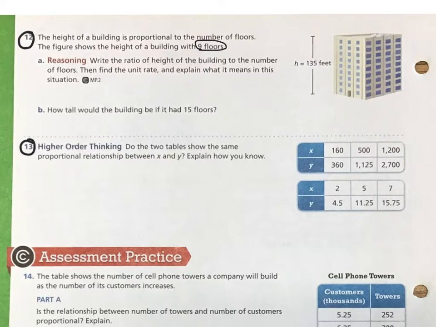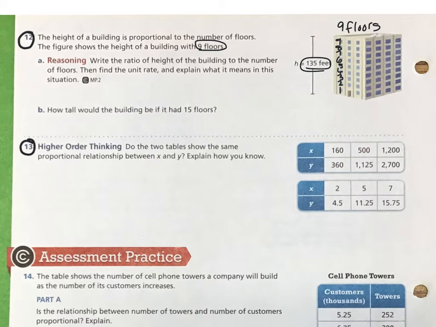And you can see those floors here. 1, 2, 3, 4, 5, 6, 7, 8, 9 floors. And the height of that building is 135 feet. Write the ratio of the height of the building to the number of floors, then find the unit rate and explain what it means in this situation.